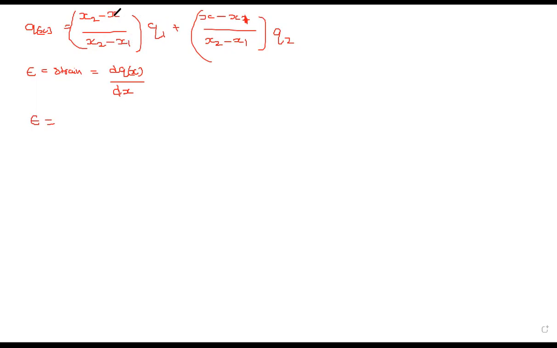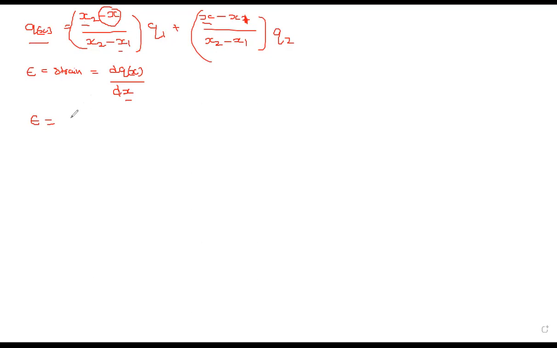Here you can observe that x2 and x1 are not variables, they are constants. Only x is the variable. So you are going to differentiate q of x with respect to x only, not with x1 or x2.